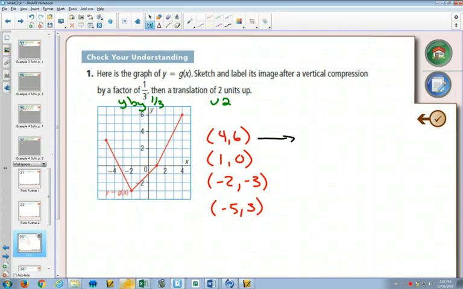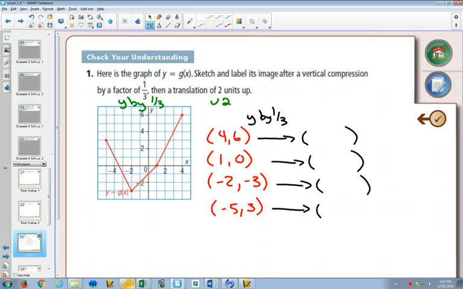I would suggest doing this in 2 steps. First, we'll look at what happens when we multiply y by 1/3, and then we'll look at what happens when we go up 2.